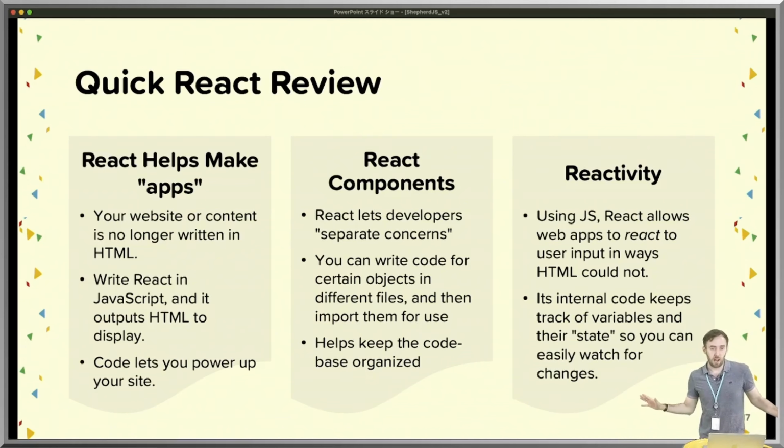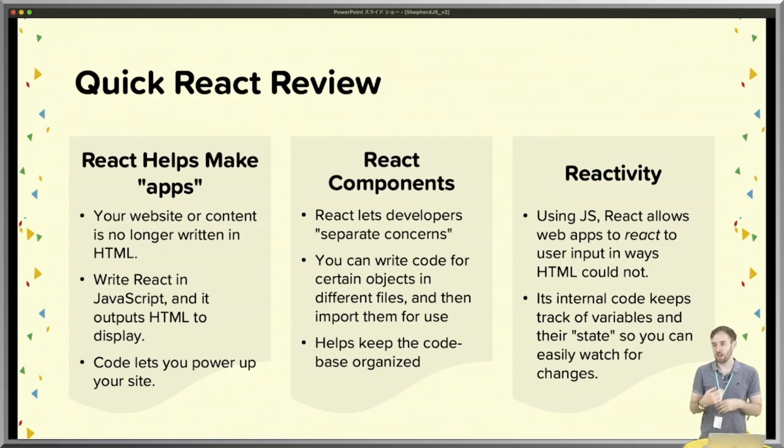Real quick, React helps you make apps, not websites, but apps as websites. And when we're writing in React, we're writing in this thing called React JavaScript, aka JSX. JavaScript is JS, React's JavaScript is JSX. And what JSX does is it uses JavaScript to output HTML.